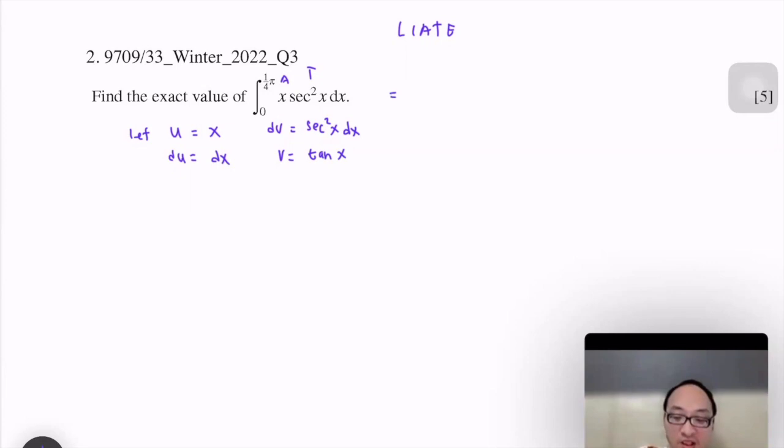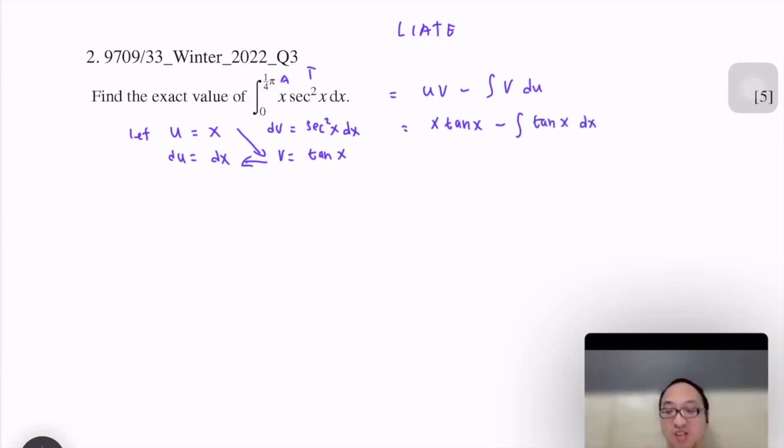Now we can put into the formula. This is equal to uv minus integral v du. So it becomes x tangent x minus the integral of tangent x dx.